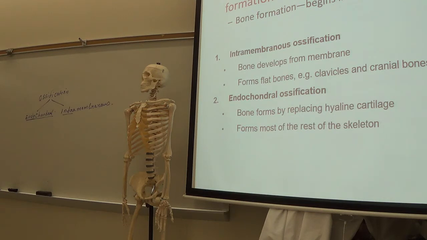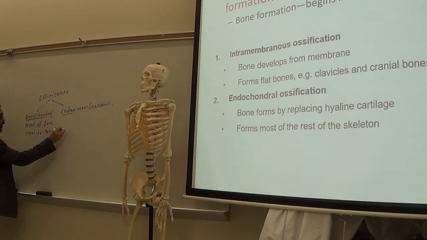So most of the bones come from that hyaline cartilage of fetal skeleton. So that's why it is called endochondral. From inside the cartilage, bone is formed.